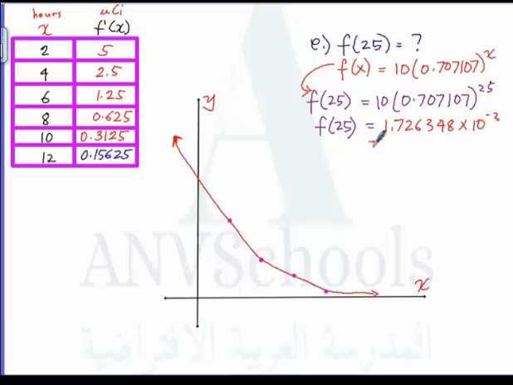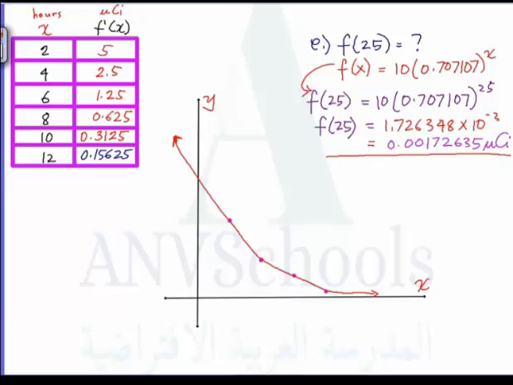And of course that is equal to 0.0017263 microcurie. So this is the value of f of 25.